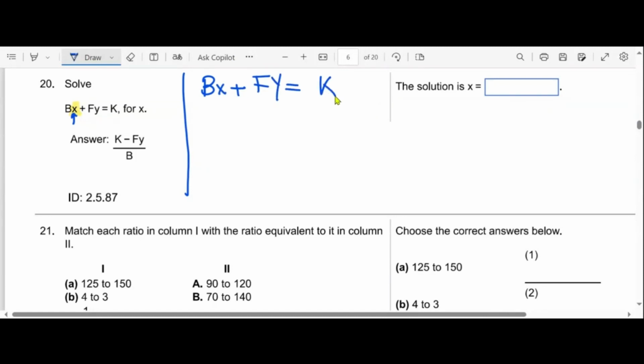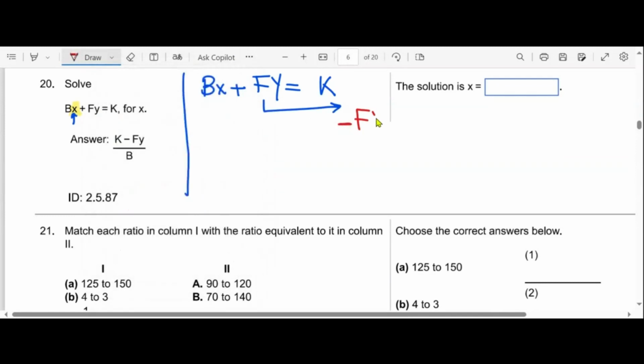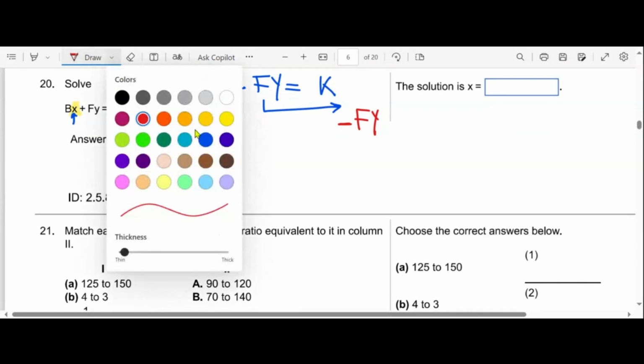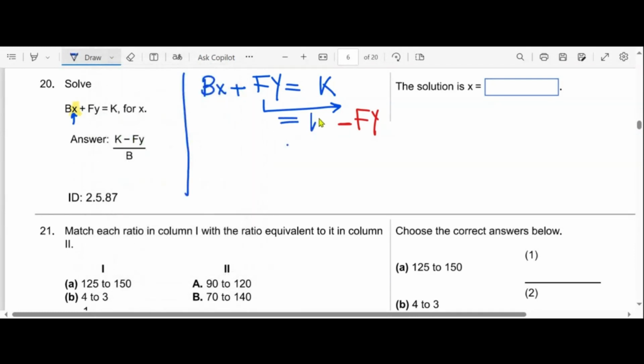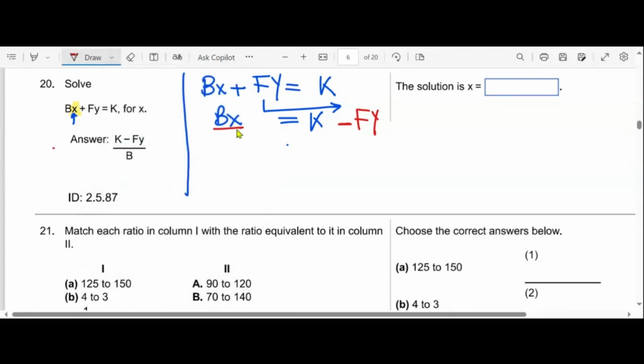So we have to move this to the other side. Does it become negative or positive? Negative. So you have Bx equals K minus Fy. Now I need to get rid of the B. What should I do? Divide by B on both sides. Okay, so what's your final answer? K minus Fy over B. Easy as easy?